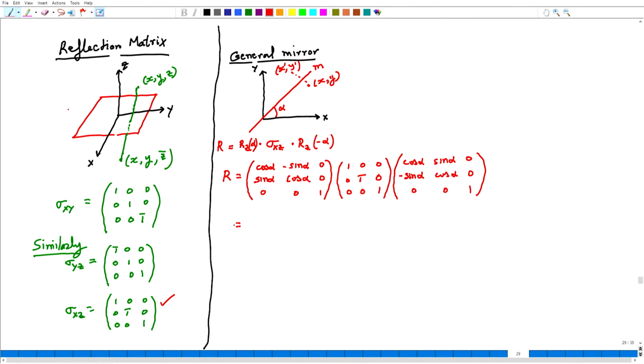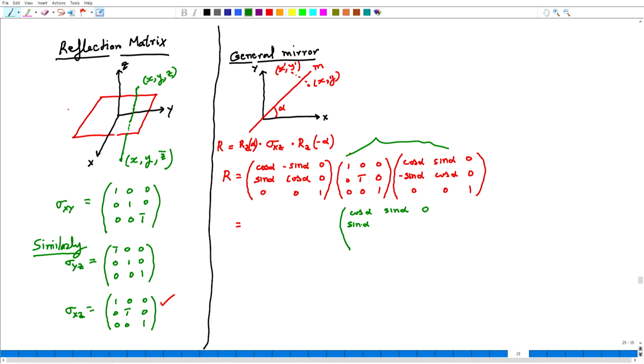Let us first multiply these two. I should get, first row, first column, the first element cos alpha; first row, second column, the second element sin alpha; and then 0 for first row, third column. Now, second row of the reflection matrix into the first column would give me plus sin alpha.